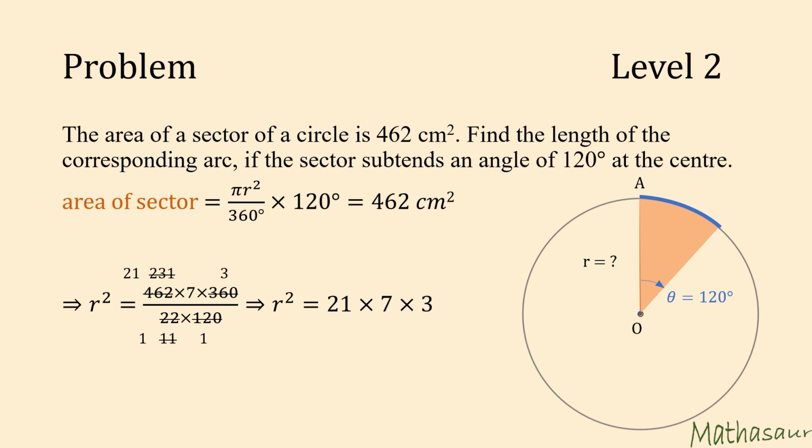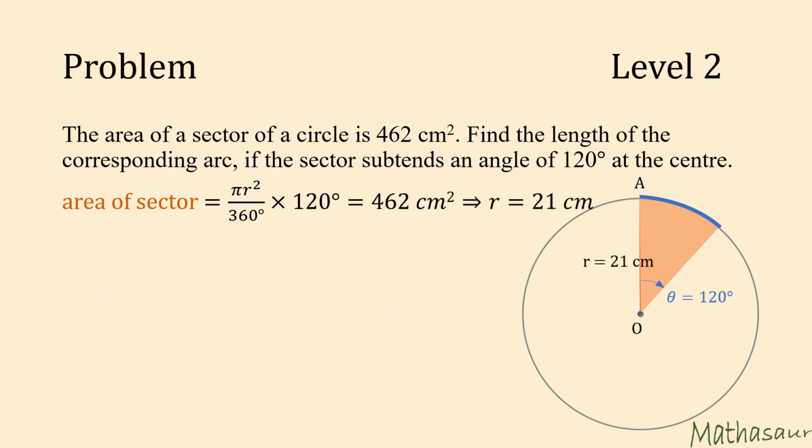Now let us prime factorize 21. And we see that we are looking at 7 times 3 whole square. Taking square root on both sides, since the radius can only be positive, we see that r is equal to 7 times 3 or 21 centimeters.